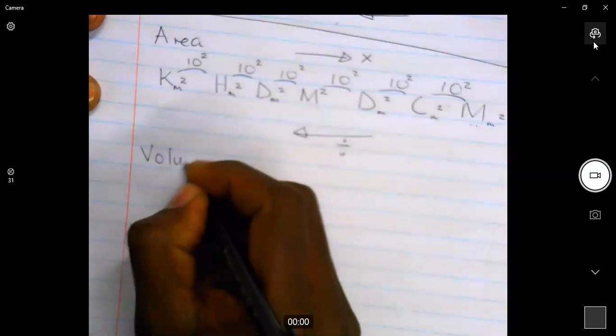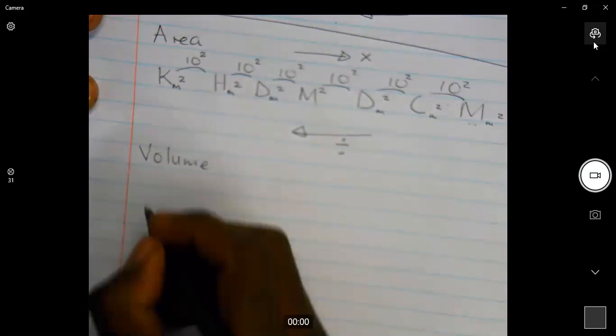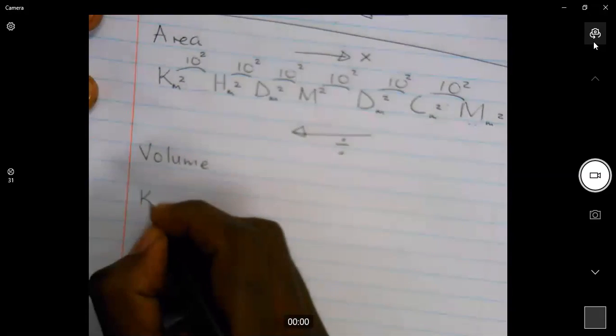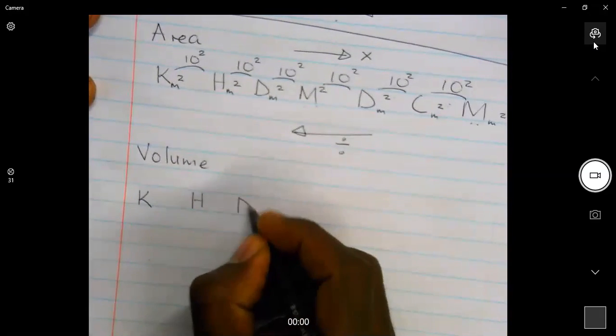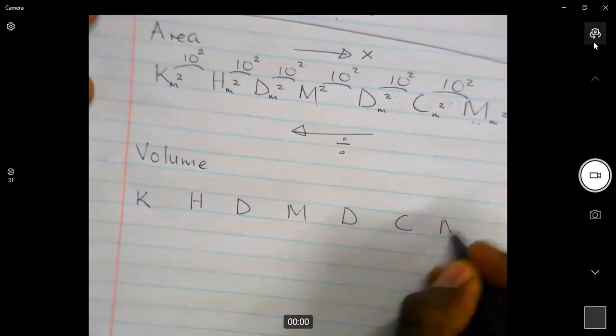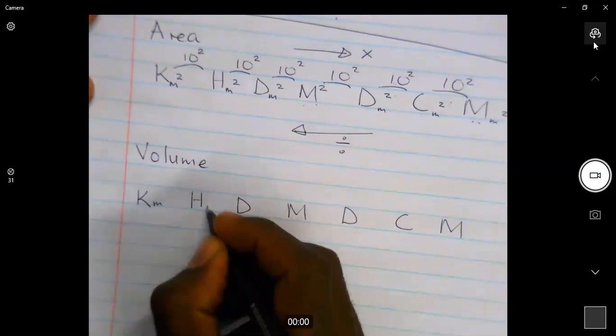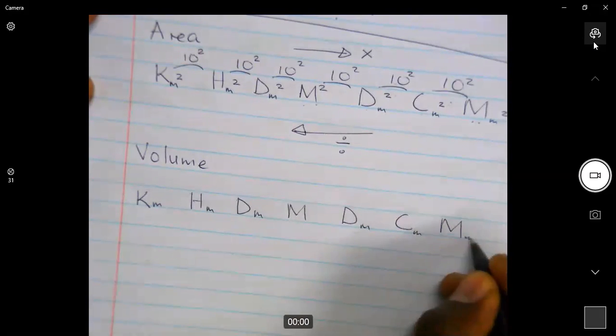Then I move on to the next one, volume. Volume is length times breadth times height, so it's going to be cubic units. I still have my King Harry died miserably, disease called malaria. You've got your kilometer, hectometer, decameter, meter, decimeter, centimeter, millimeter.